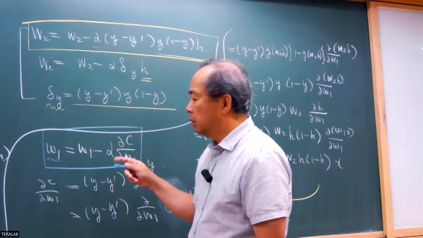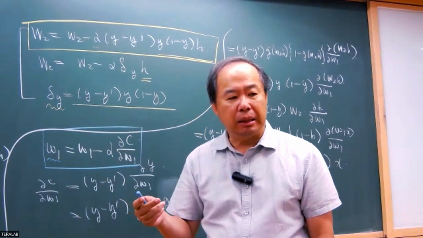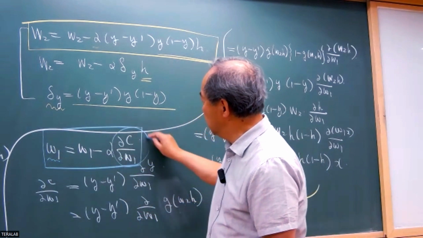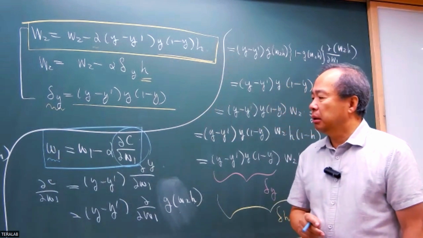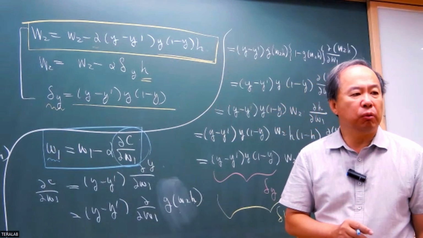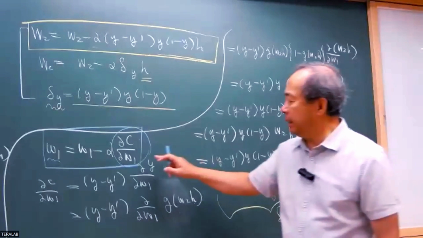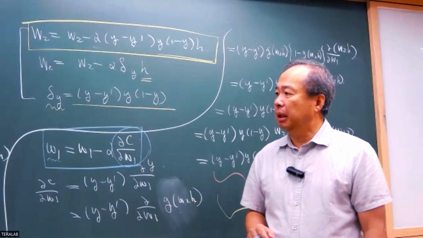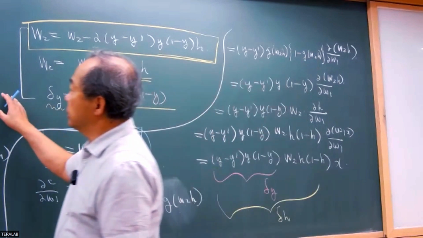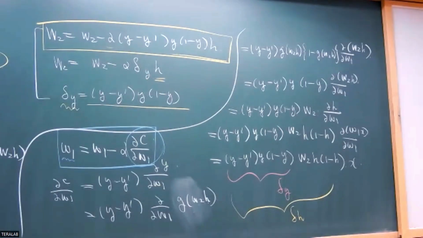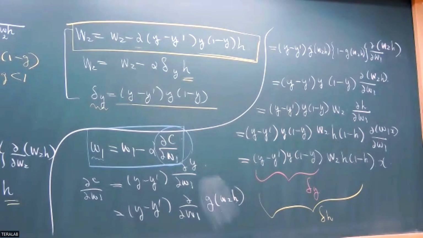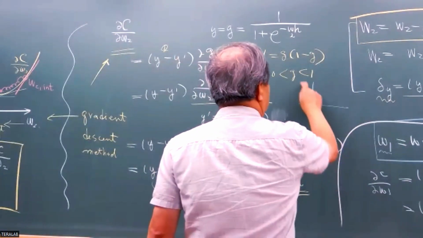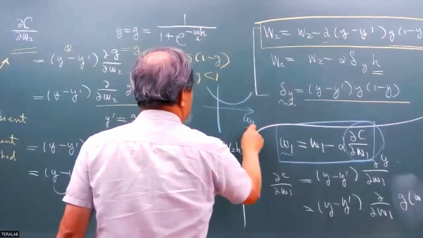In order to conduct that task, we have to be able to calculate the derivative of the cost function with respect to weight W1. In the previous equations, we were trying to optimize W2. Now we are trying to optimize W1.